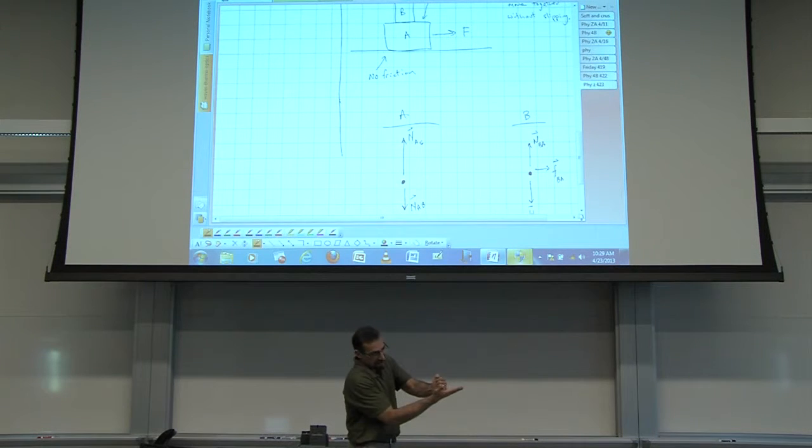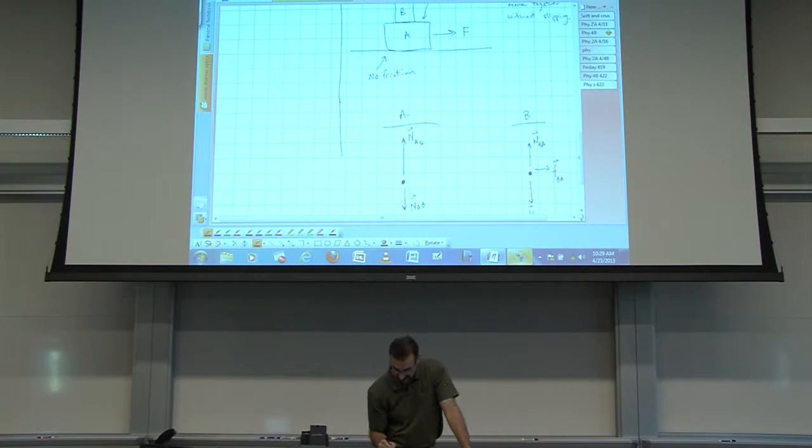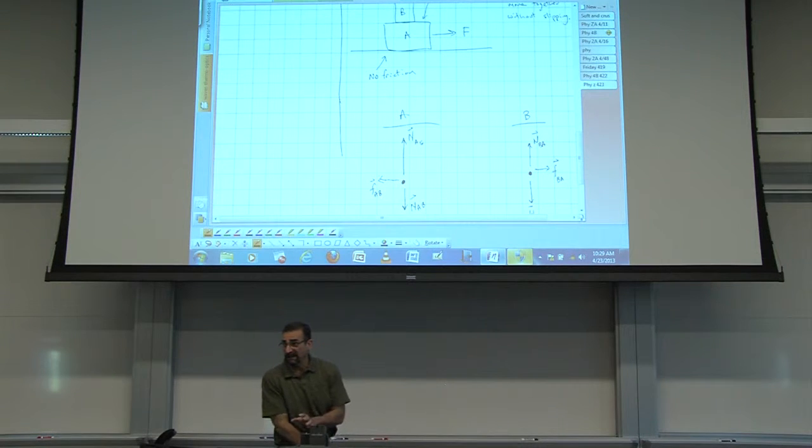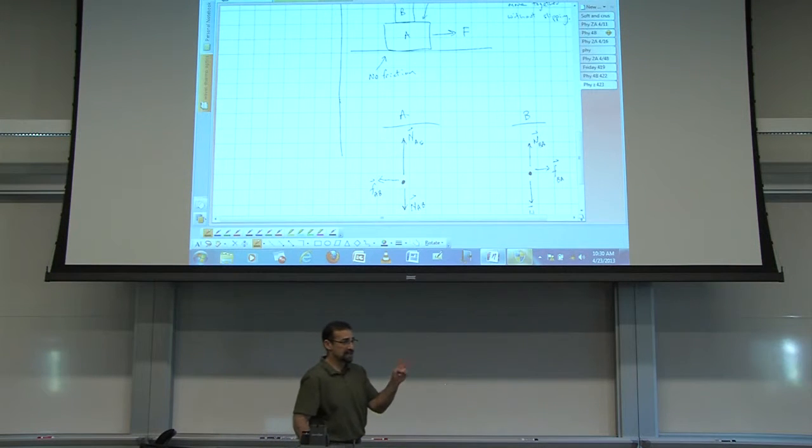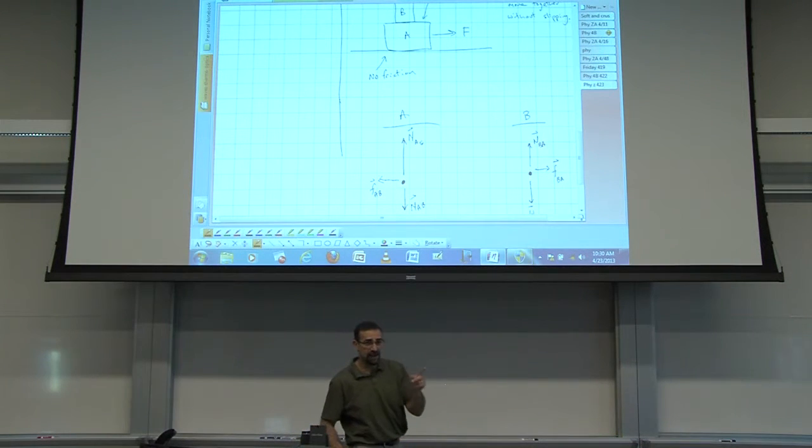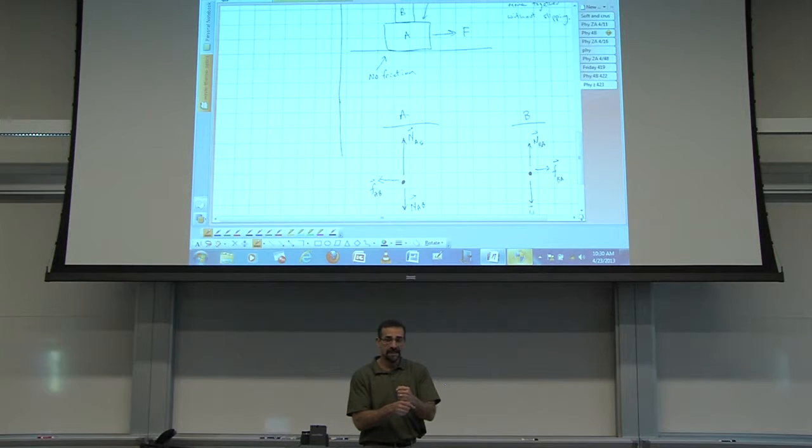So A is trying to slide out from underneath it, but there's a friction force that's not letting it. So the friction force is in the opposite direction. That's the friction force on A from B. Another way to think of it is as a Newton's pair. A and B are two objects that are interacting with each other, and so the forces that they produce in that interaction have to be equal in magnitude, opposite in direction.